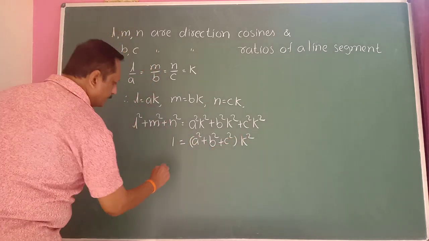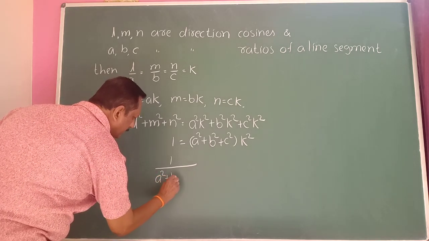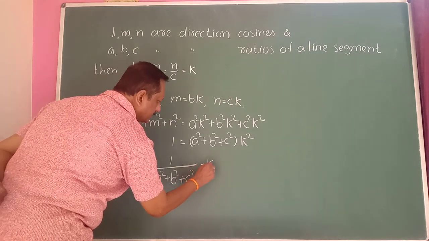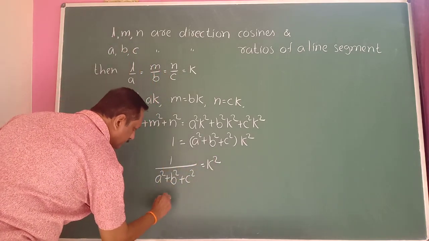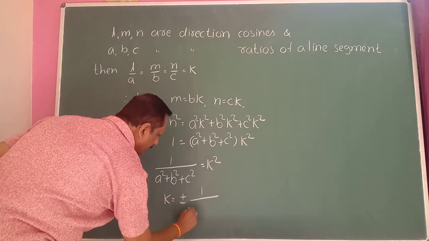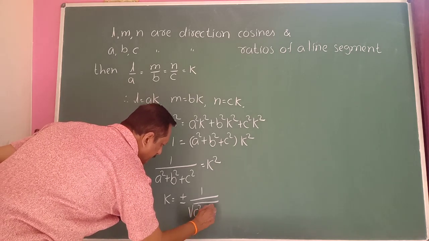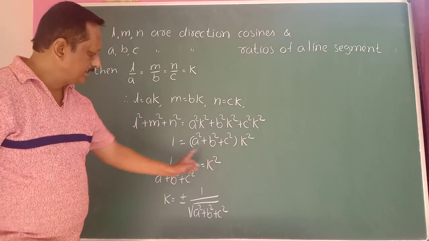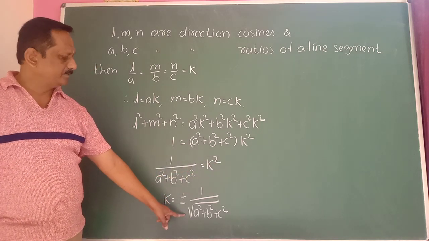Cross multiplying, 1 divided by a square plus b square plus c square is equal to k square. Therefore, taking the square root, k is equal to plus or minus 1 divided by root of a square plus b square plus c square.